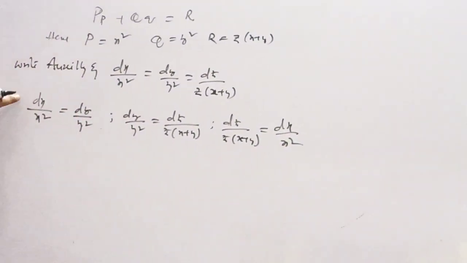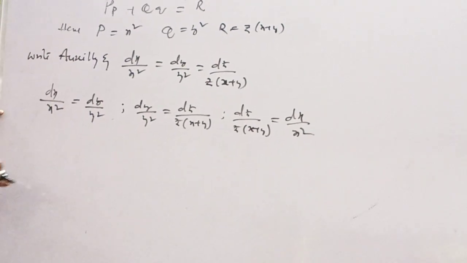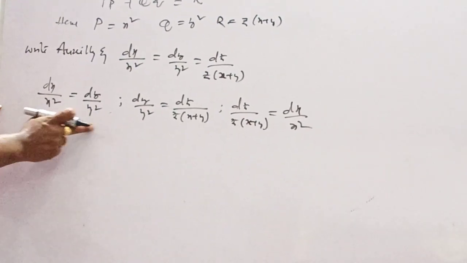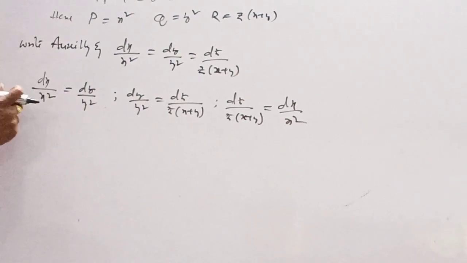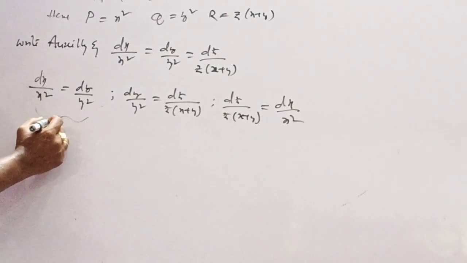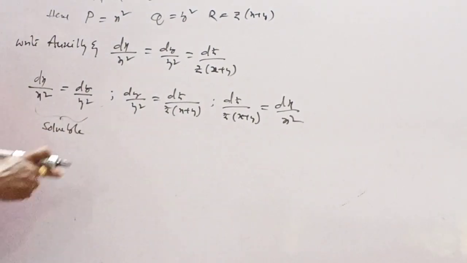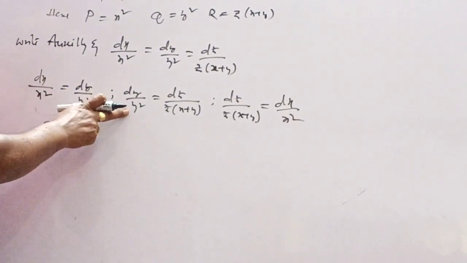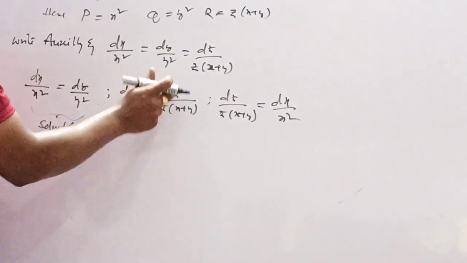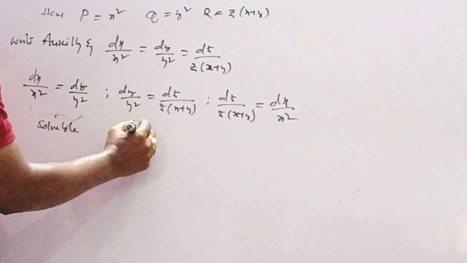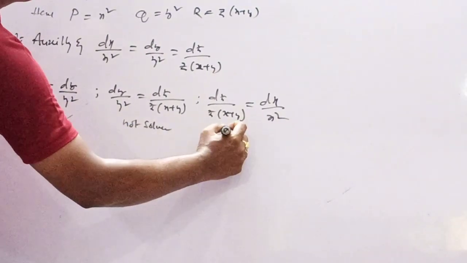So dx by x square and dy by y square is integrable, so the first is integrable, therefore it is soluble. Here you observe dy by y square is integrable, but dz by z into x plus y is not integrable. So with respect to this, it is not soluble. So here also not soluble.